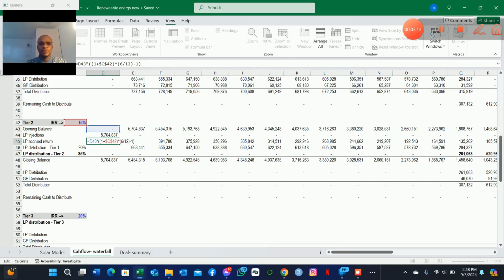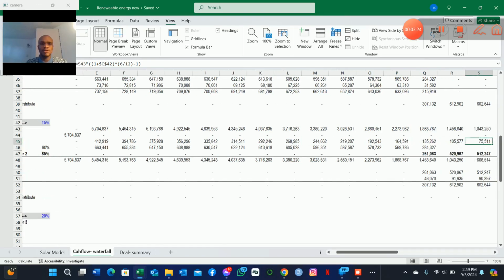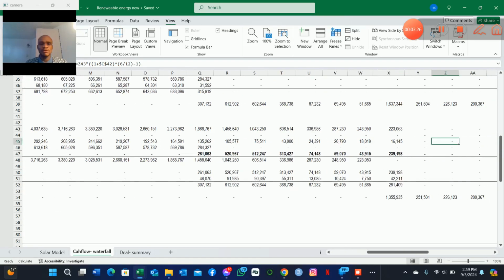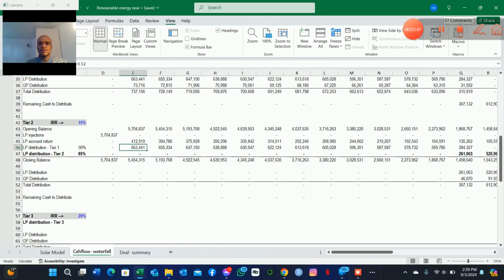So we accrue returns twice a year, and when this hurdle rate is reached, then we will distribute these returns to the limited partners at the time when their rate of return of 15% is reached, and then we just pay them off in one bullet payment, so they get paid off all at once at the same time. So that's what we are counting in this project.